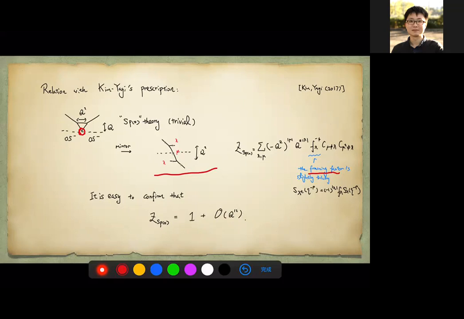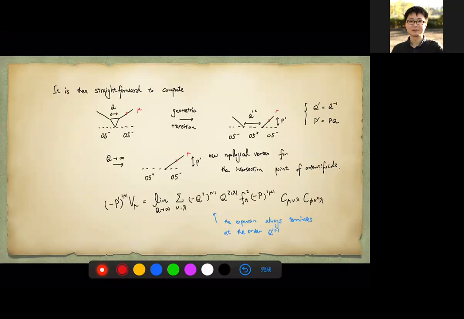For example, the partition function of the SP0 theory is really trivial. So we can consider this diagram of SP0 theory, but with non-trivial external legs, and do a geometric transition to obtain this kind of diagram.